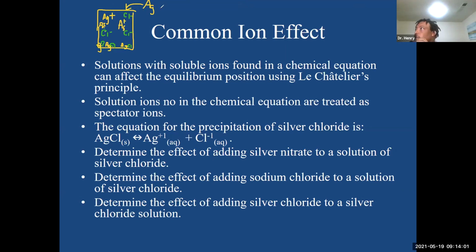So what's going to happen if I add more silver nitrate? Right now it's set up so that we have 3 of these coming up at the same time, and then we have 3 of them in solution. As soon as I add the silver nitrate, it's going to add an additional silver. What is that going to cause?